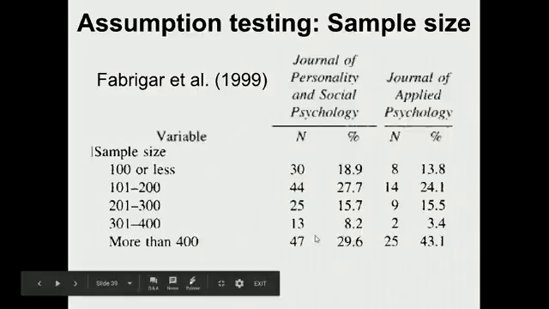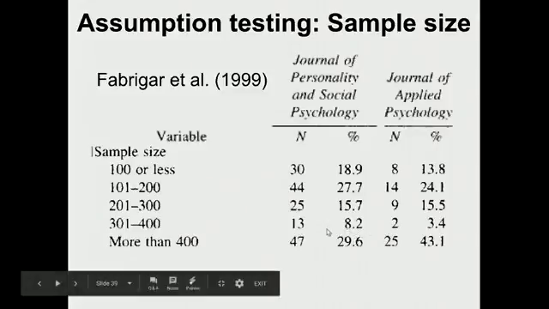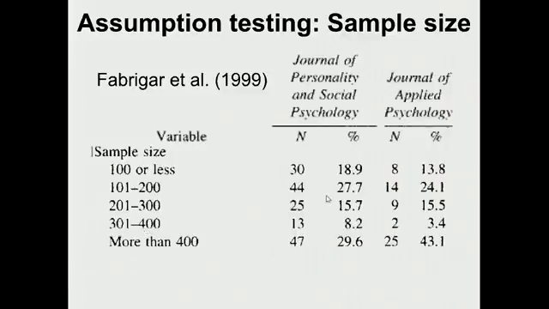So what can we tell from that? Well, roughly 30% of the studies here, 40% here, had more than 400 cases, but that's not even anywhere near 50%. So we're actually saying that most of the published literature had less than 400 cases. And you can see that there's plenty of articles published here with factor analyses between 100 and 300.